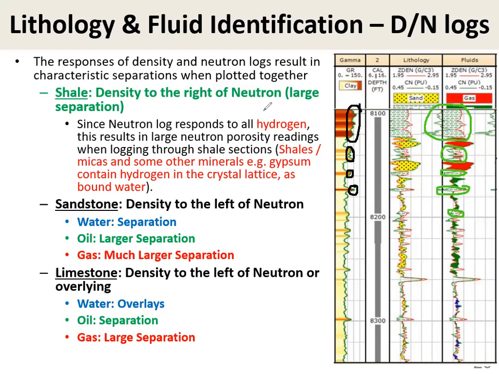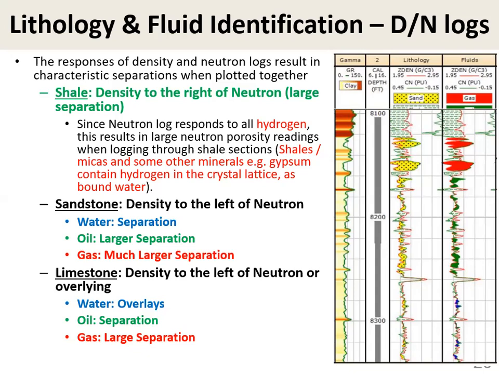Now, the next thing will be sandstone. To identify an interval with sandstone, the density would usually be to the left of the neutron.